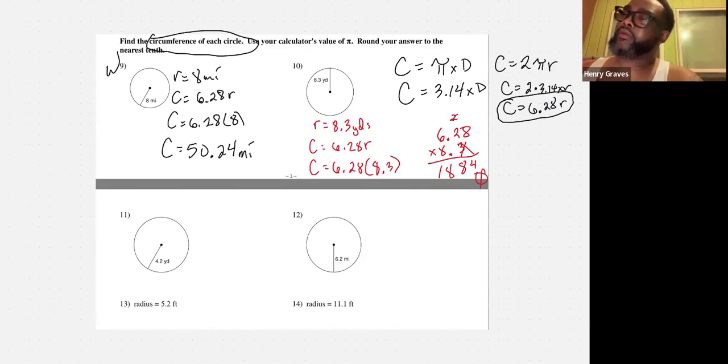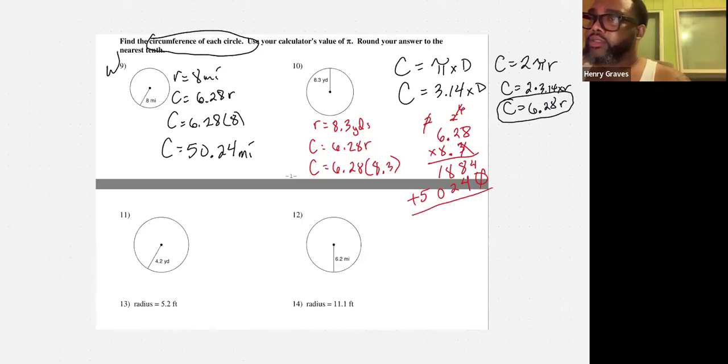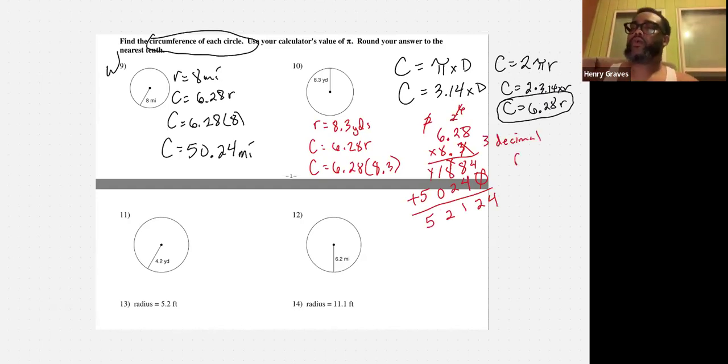So there, 50. There we go. Same thing. Add them up. I'm going to have 4, 12, put the 1, 11, 2, and 5. And I have 3 decimal places. So my answer should be 52.124.